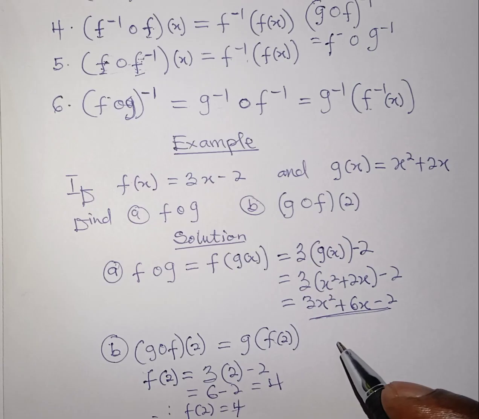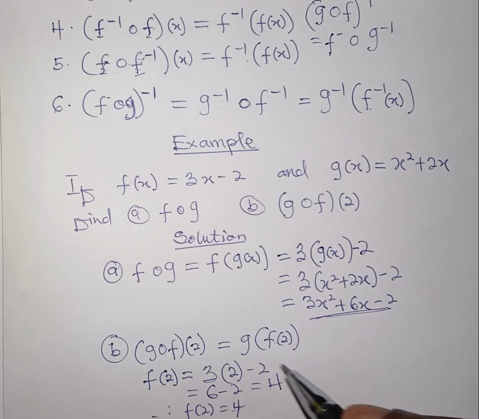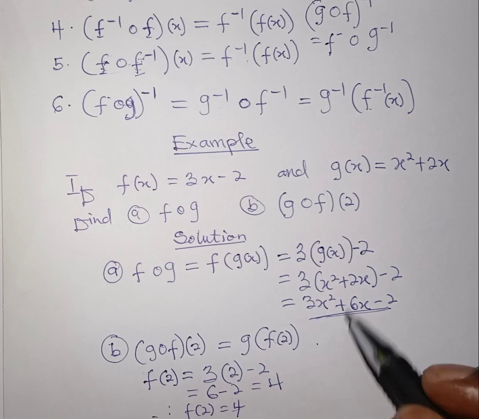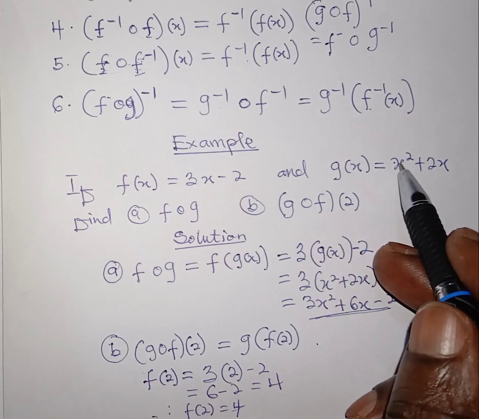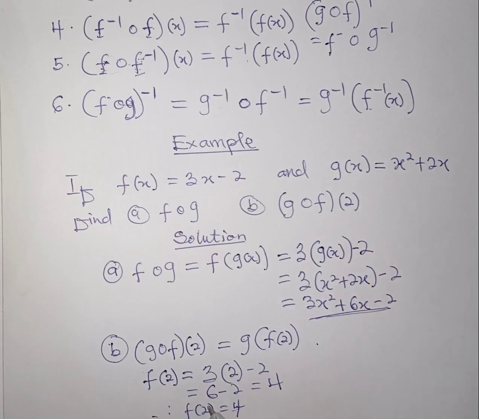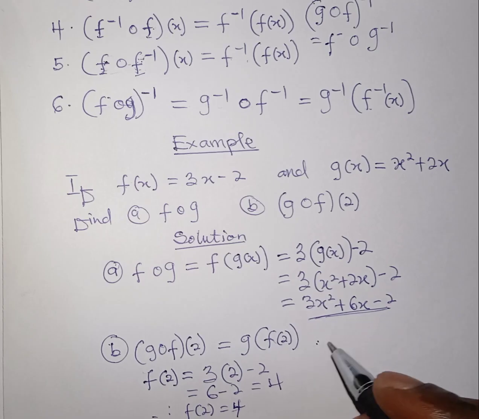Now g at f at 2 is going to be, wherever I see my x in g, I'll put the 4 there, because we got this 4 as the image of the 2.